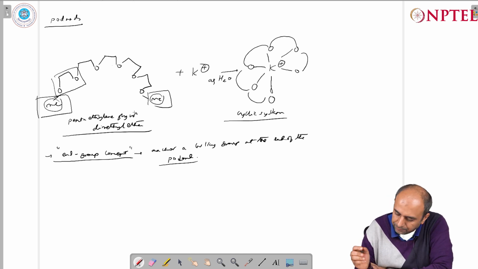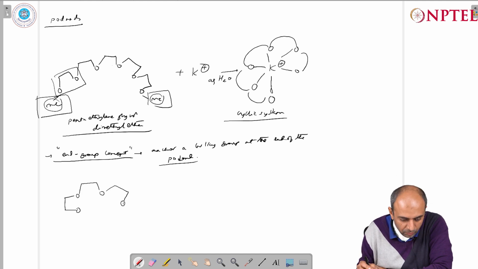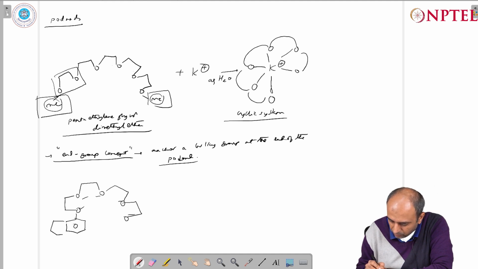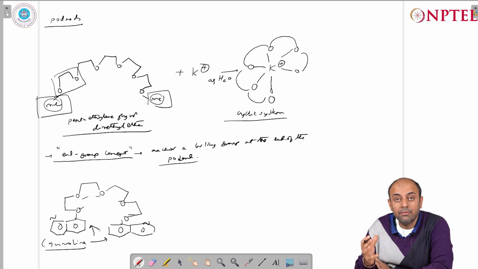For example, we can create, so we have these 1, 2, 3, 4, 5 oxygen atoms, and now we can bring in a quinoline moiety which is having a lot of steric bulk.